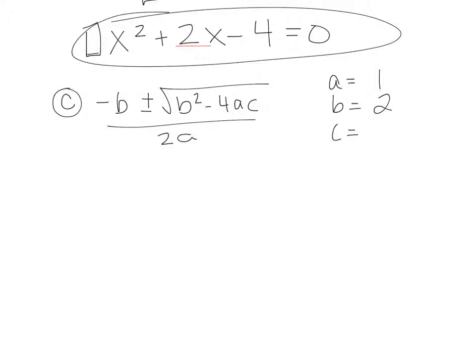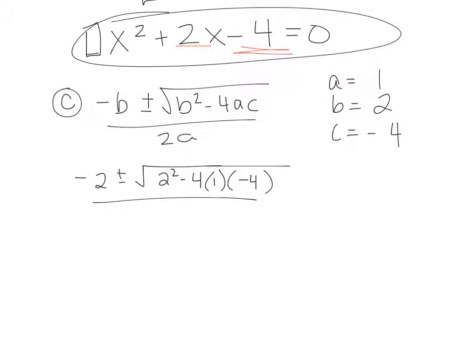And then C is the constant, which will be 4. Sorry, a -4. So we're going to plug these values into the quadratic formula. We have -2 plus or minus the square root of 2 squared minus 4 times 1 times -4 all over 2 times 1.